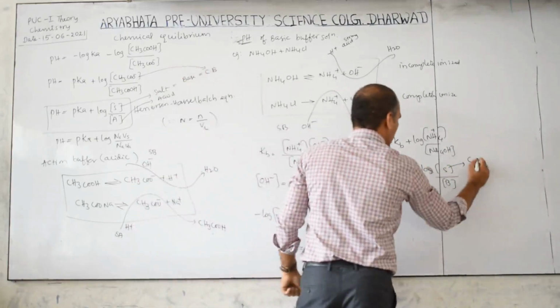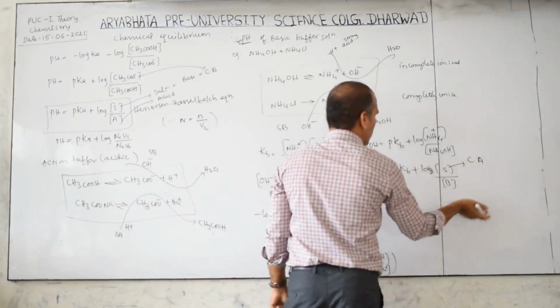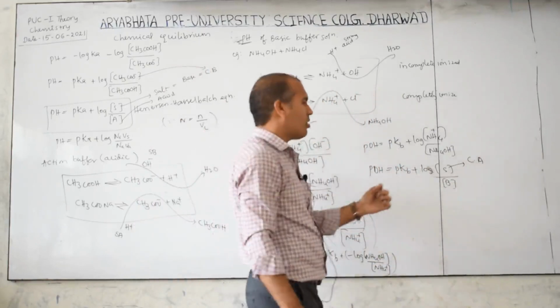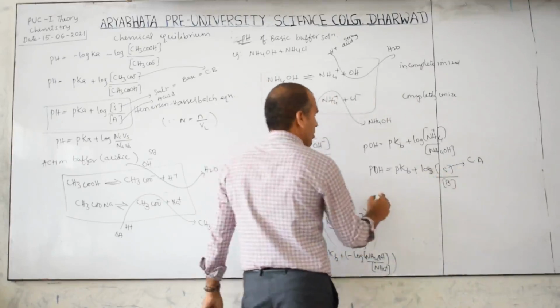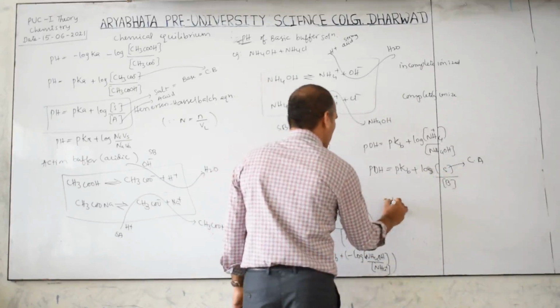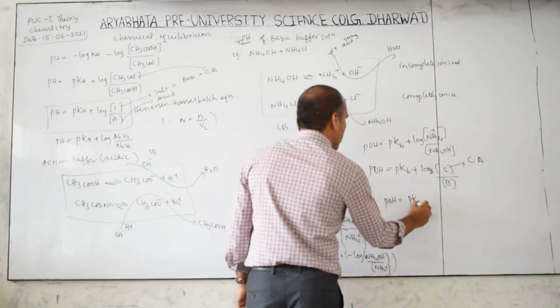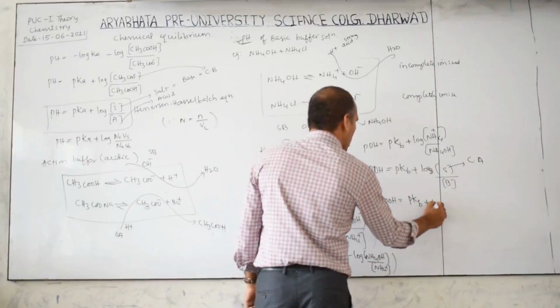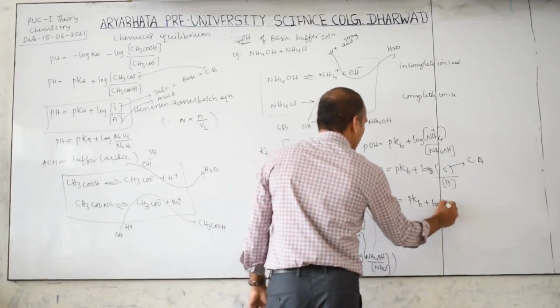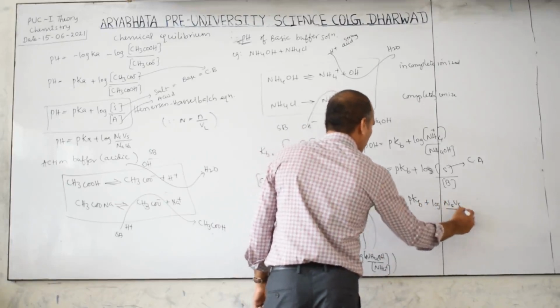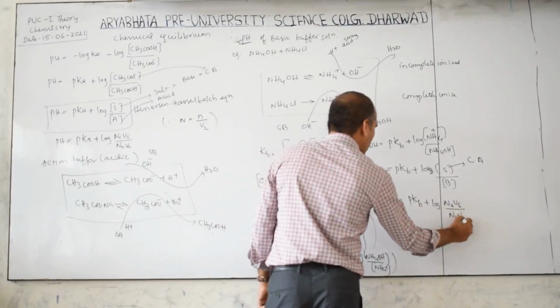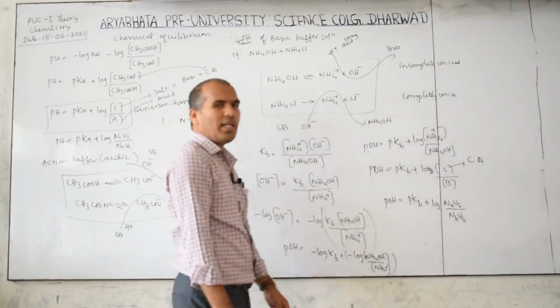Conjugate acid, therefore you can write acid. This is base only. Sometimes instead of salt they may give the conjugate acid word also. So this is the formula. Then pOH is equal to pKb plus log of NsVs, salt, by NbVb also, because these are milliequivalents.